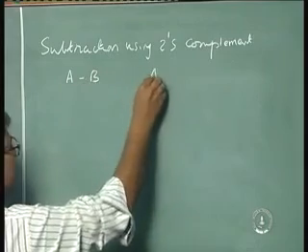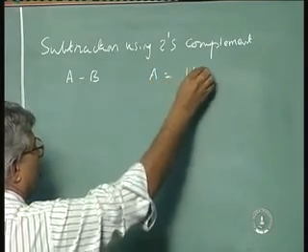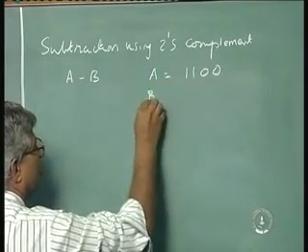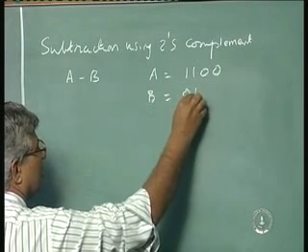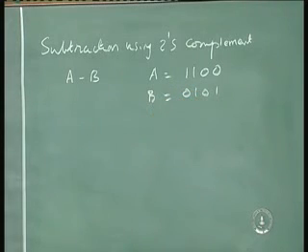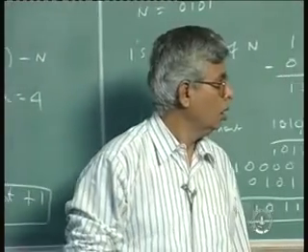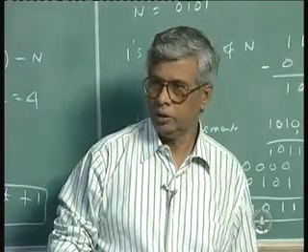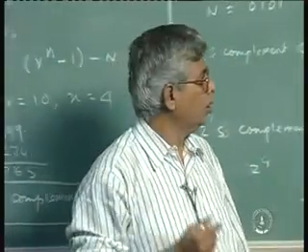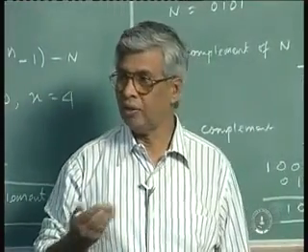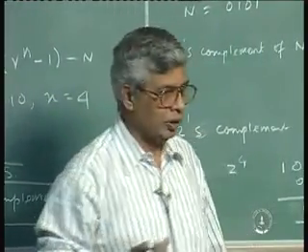Let us say a is 1100, which is 12, and b is 5. 12 minus 5 is 7, so I should get the answer, which is 0111.